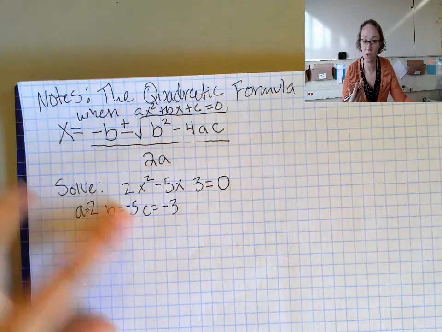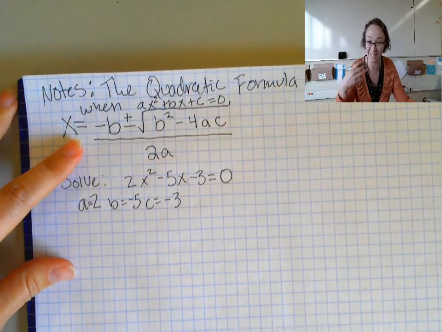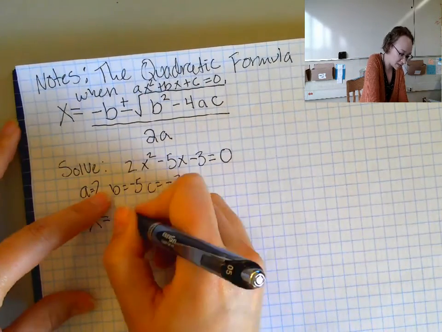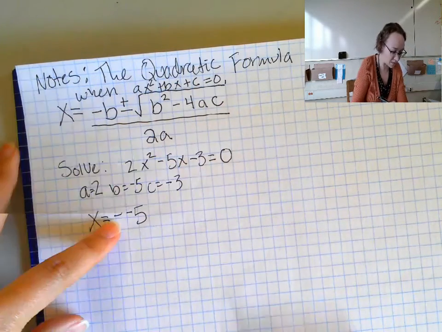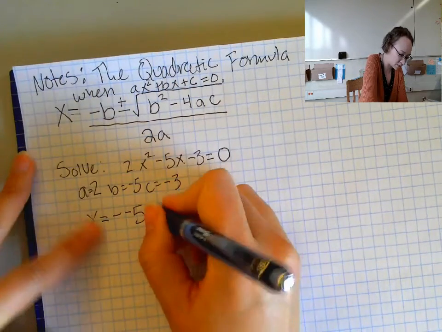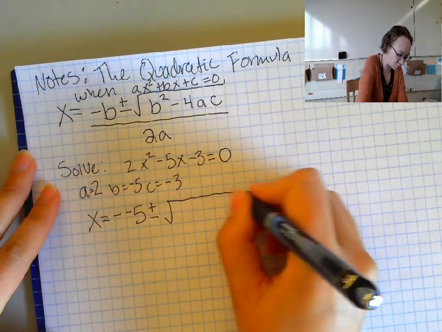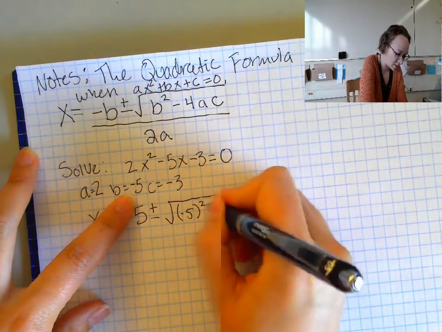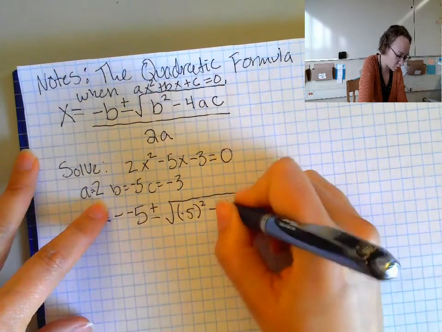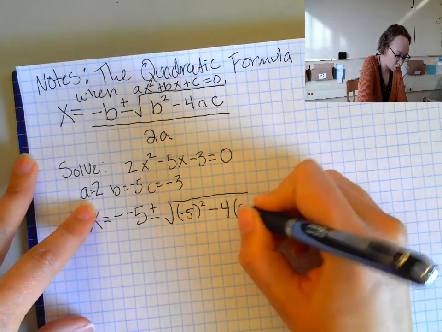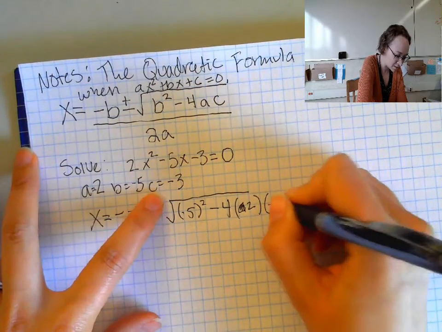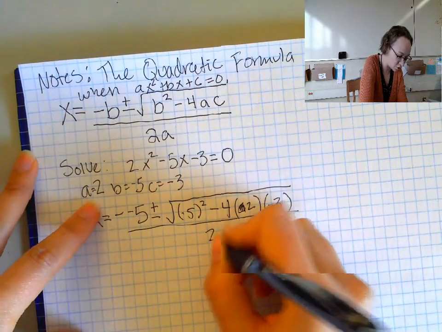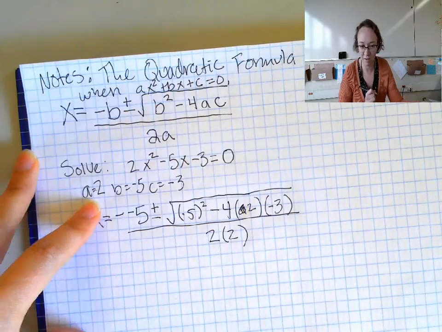So now we're going to plug it in to the quadratic formula. And we're going to sing to ourselves while we do it. We're going to say x equals negative b, so it'll be a negative 5, plus or minus the square root of b squared, negative 5 squared, minus 4a, which is 2, c, all over 2a.